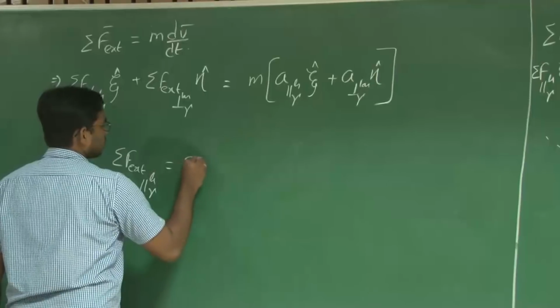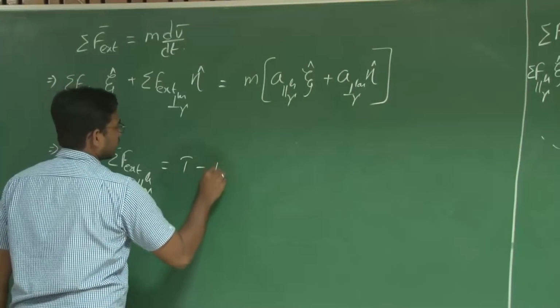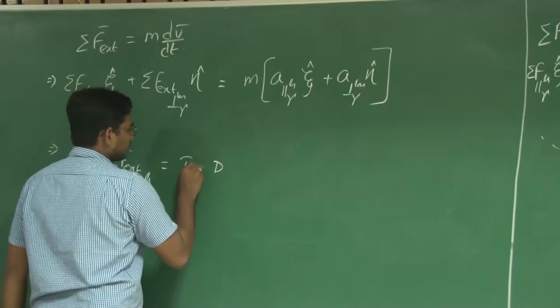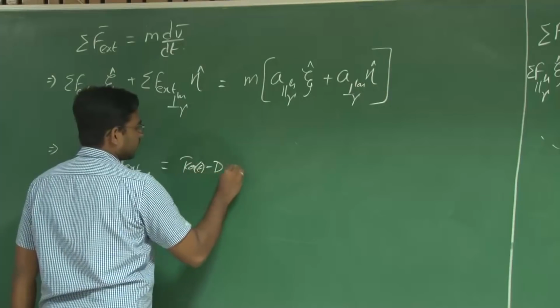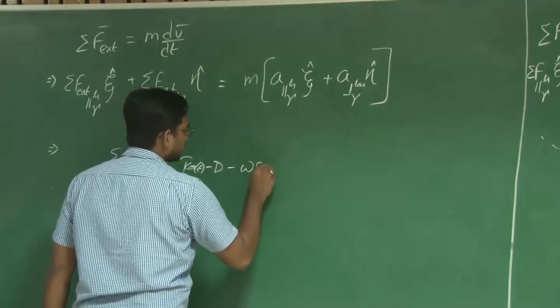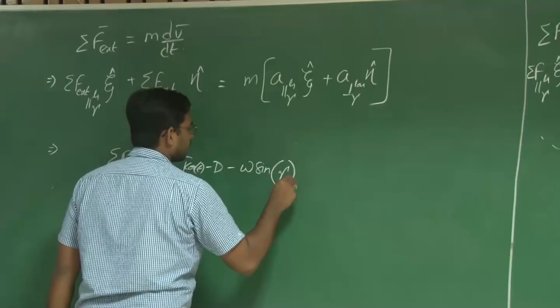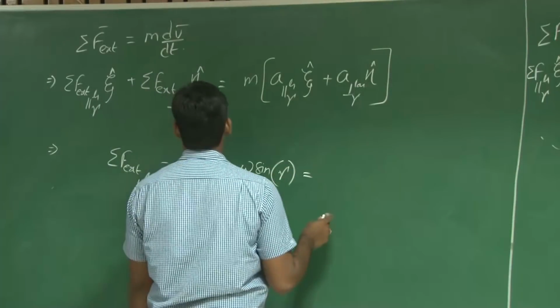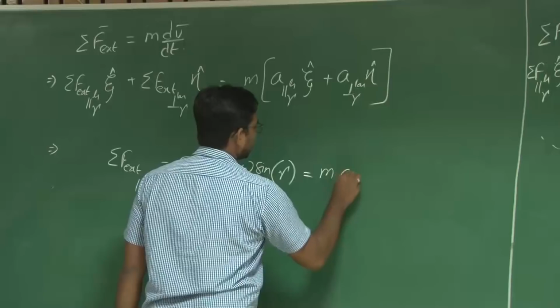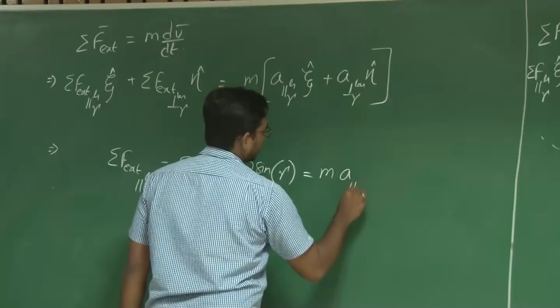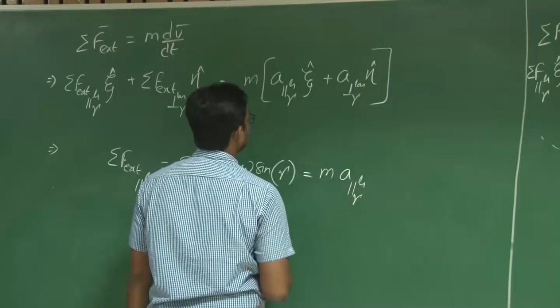So the total external forces are T cos epsilon minus D minus W sin gamma, equals mass into acceleration parallel to gamma.